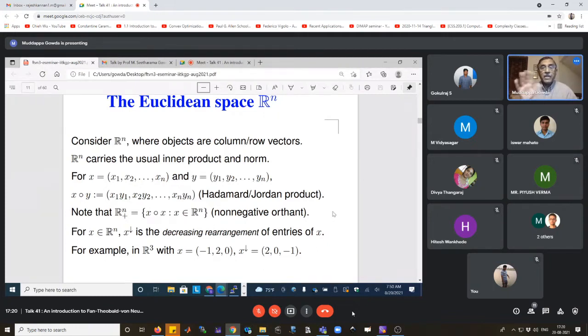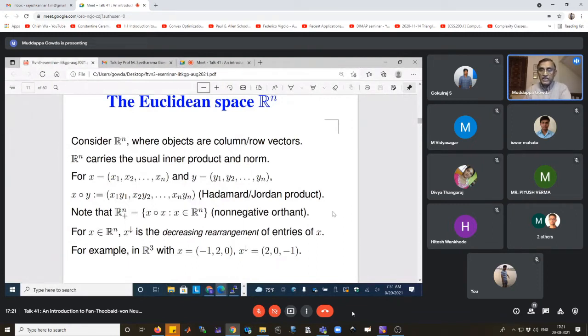Coming back to Rn, for x in Rn, I will write x down arrow for the decreasing rearrangement of the entries of x. This is a standard notation. For example, in R3, if I take x equals (-1, 2, 0), then x down arrow is (2, 0, -1).